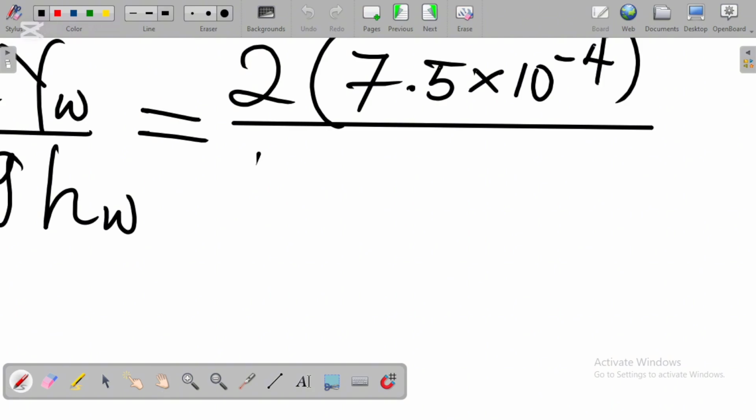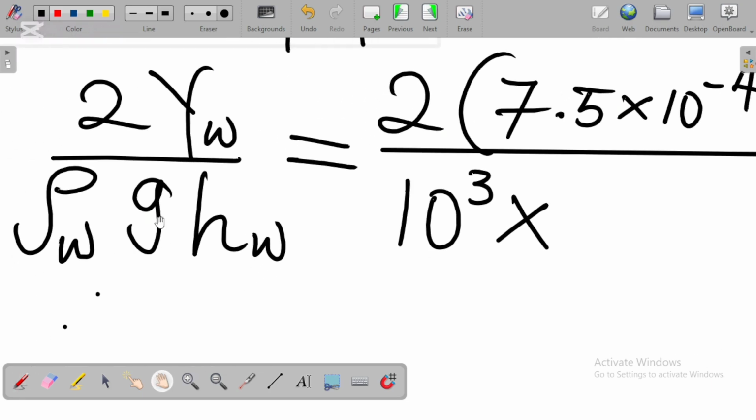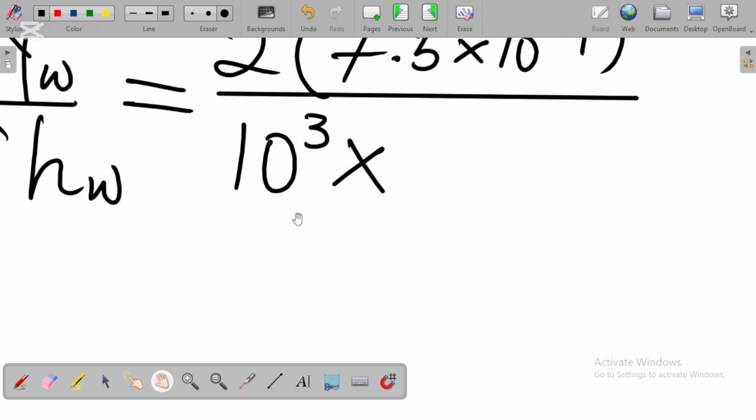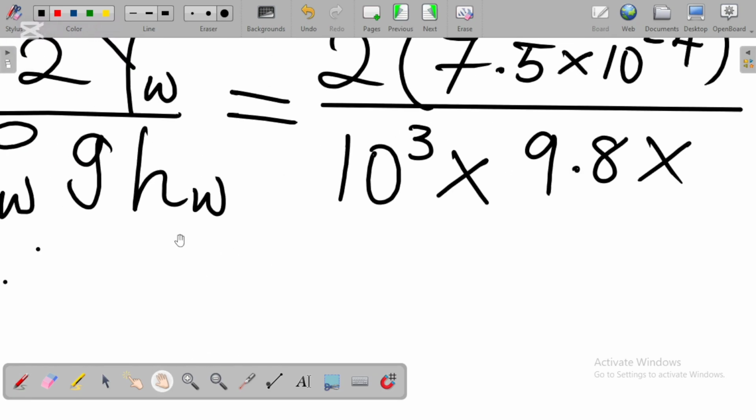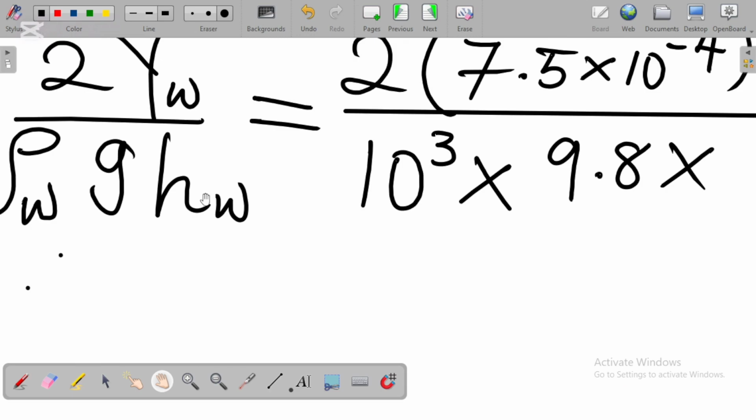So we have here 10 raised to the power 3, and then multiply by the acceleration due to gravity g. G given in the question is 9.8, and then multiply by what is the height of the water, or the rise of the water?